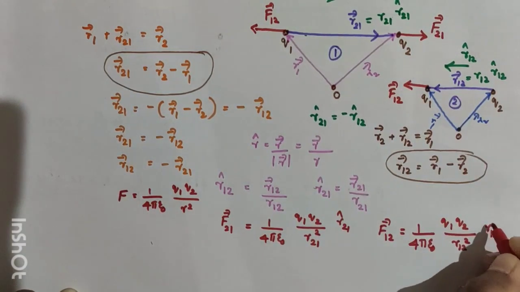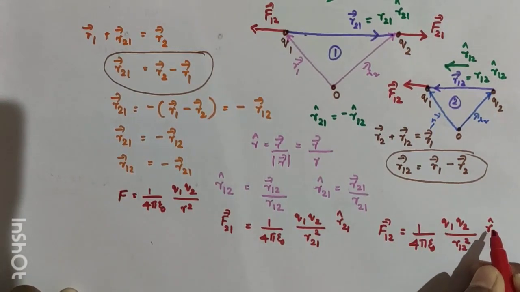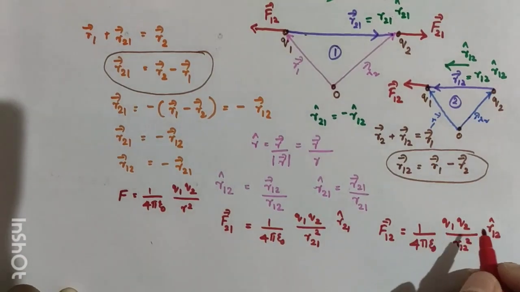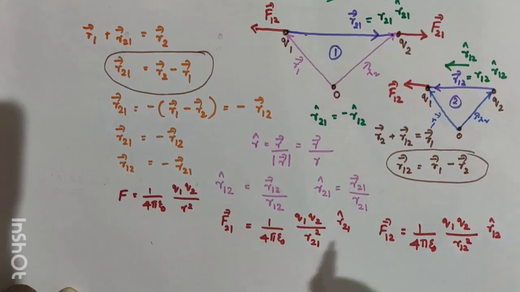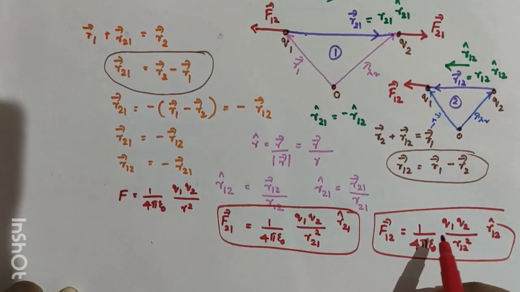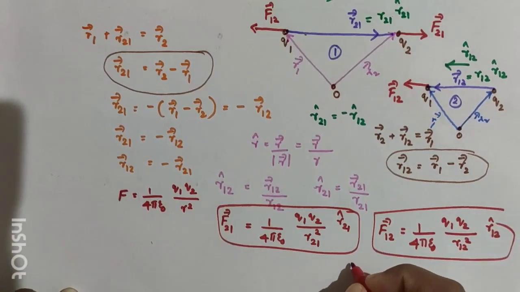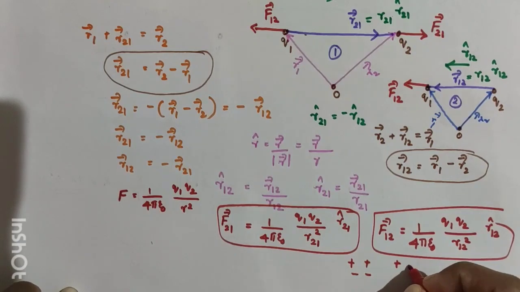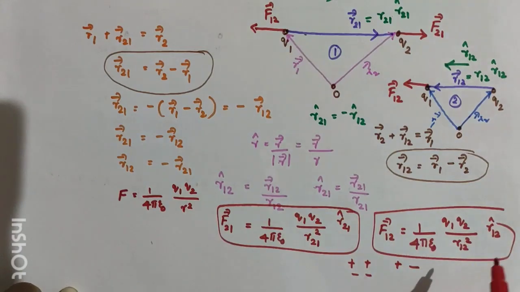So this is the magnitude of this force vector F12, and r12 cap is the unit vector directed along the direction of this force vector F12. And these two equations are equally valid for any sign of q1 and q2. That is, q1 and q2 both can be positive, both can be negative, or one can be positive and the other negative. These two equations are valid for any sign of q1 and q2.